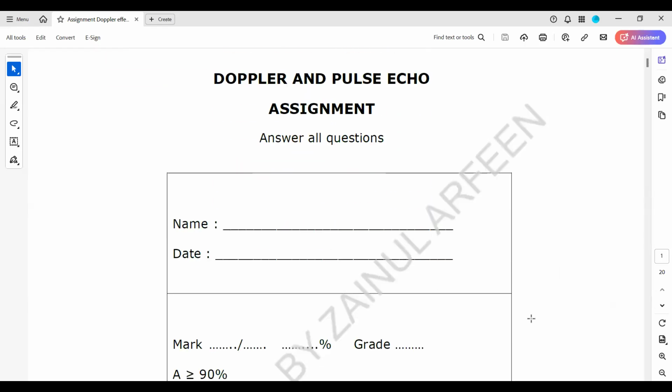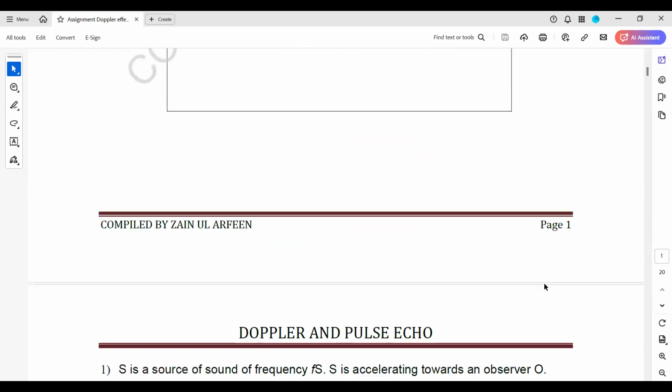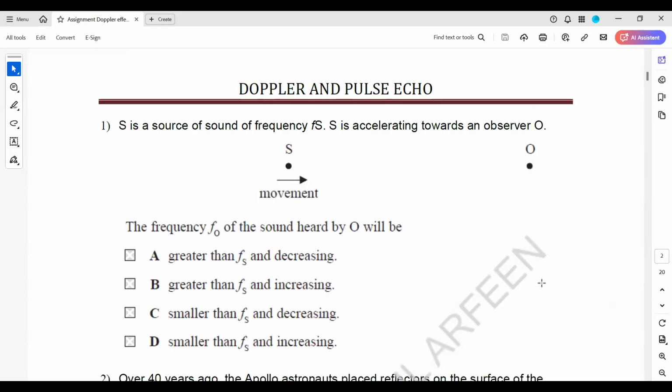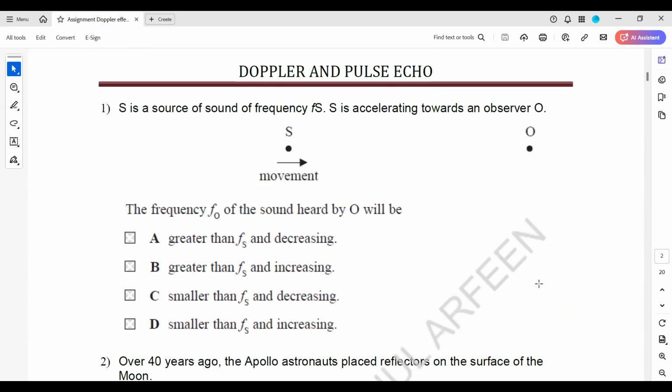Some questions related to the Doppler effect and the pulse echo. You can use the chat to answer, as it's an MCQ. S is a source of sound of frequency Fs, and S is accelerating towards an observer O. It's moving towards the observer and it is also accelerating, so the speed is increasing.